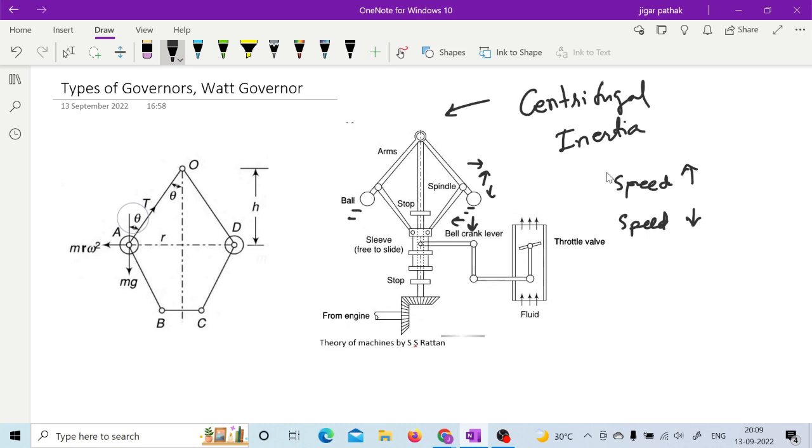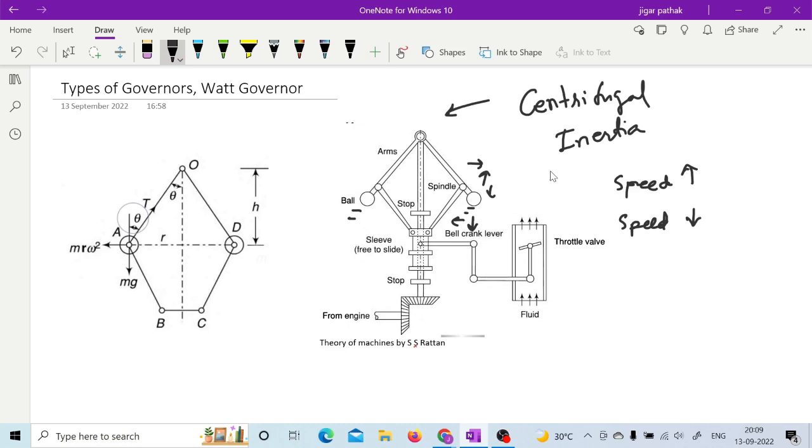Sir, please again tell the difference you were telling about. See here, in the case of the centrifugal governor, only these fly balls which we have used are going to govern the throttle valve's opening and closing, right?